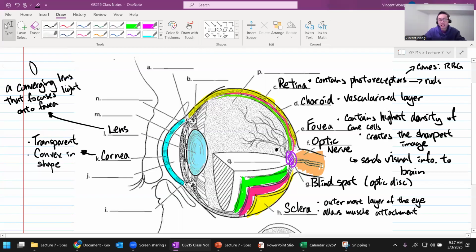Think of a magnifying glass. That's a converging lens. The opposite of a converging lens is a diverging lens. Like a lighthouse at the shore, they want to send the beams out and spread them as far as possible for boats to see them. That would be a diverging as opposed to a converging lens. Okay, so inside the eye, we have a converging lens.